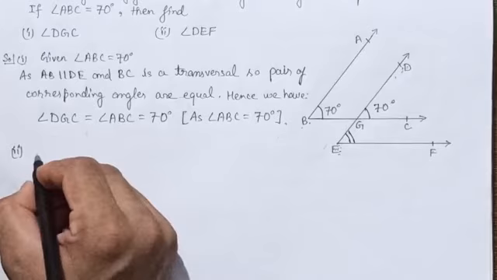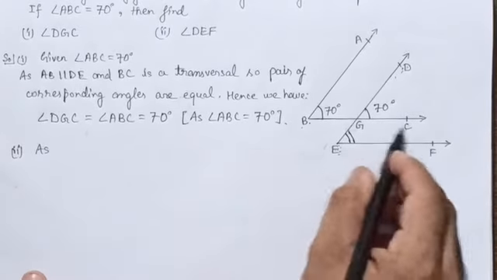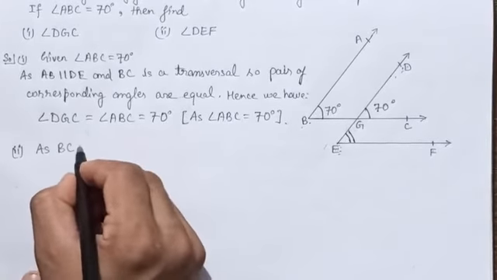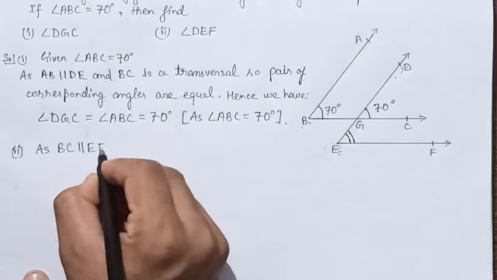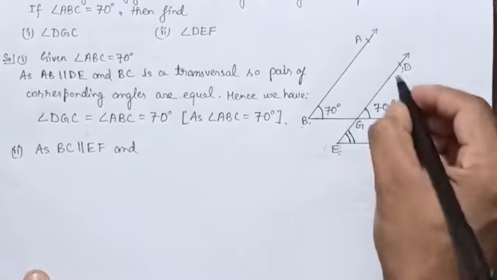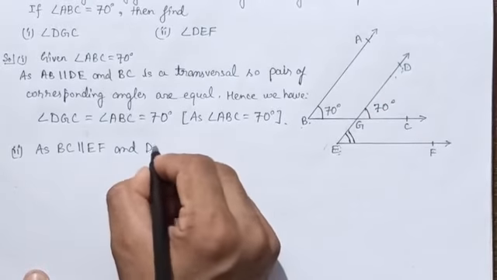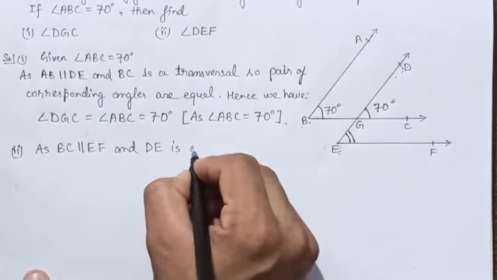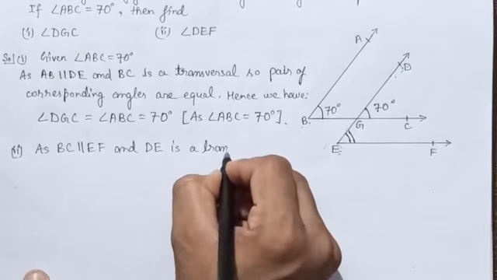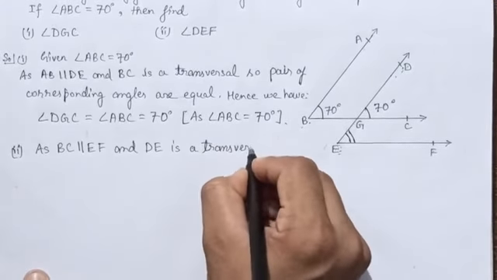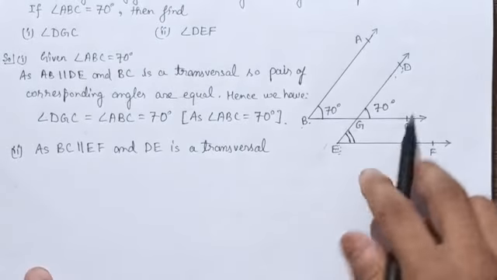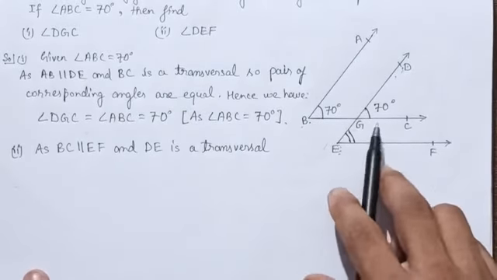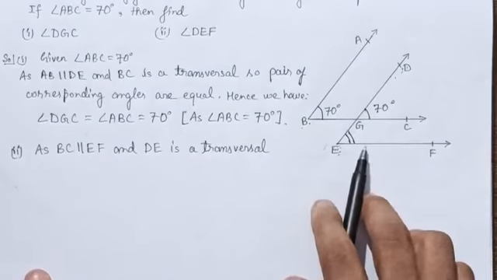So we can write BC is parallel to EF and DE is a transversal. Applying the same property, that is, if two parallel lines are intersected by a transversal, then pairs of corresponding angles are equal.